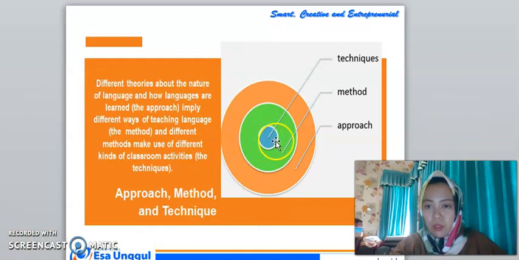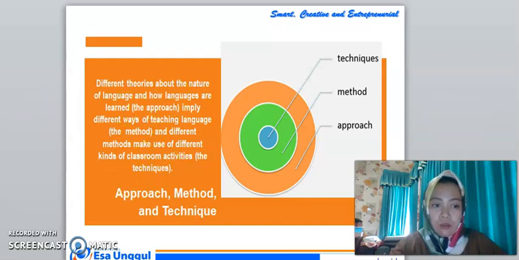The small thing is a technique, the green circle is the method and approach. Different theories about the nature of language and how language is learned is approach. These imply different ways of teaching language, which is the method, and the different methods make use of different kinds of classroom activities. So the activities are the techniques.